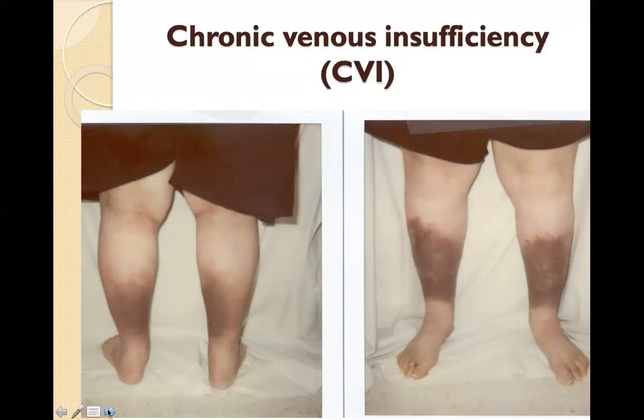It leaves this brown staining. This is very typical of chronic venous insufficiency. So when you see this on somebody, you can be rather certain that they have some significant vein problems going on. This commonly also creates edema because of that extravasation of fluid from the vascular spaces into the extracellular tissues.